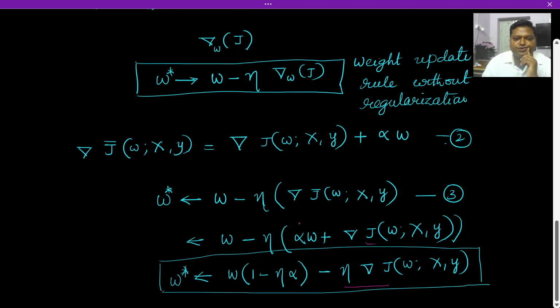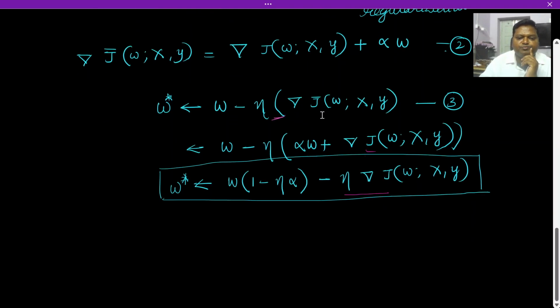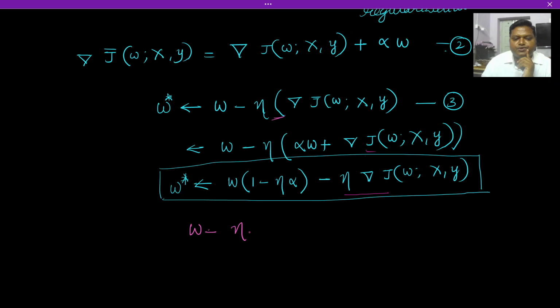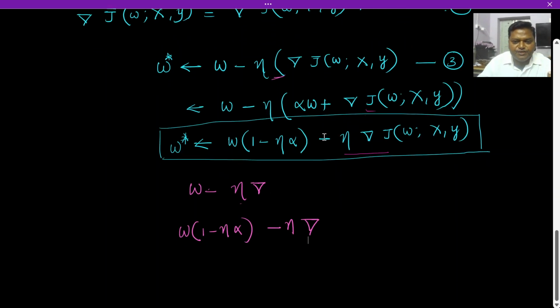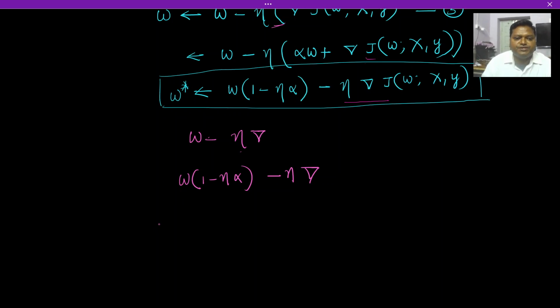The only thing is, earlier it used w minus, now it is using w into 1 minus eta alpha. Earlier we were subtracting the learning rate into gradient from w. Now we are subtracting the learning rate into gradient from the weight which is multiplied by a factor which is less than 1. That means in regularization, you are shrinking the weights.